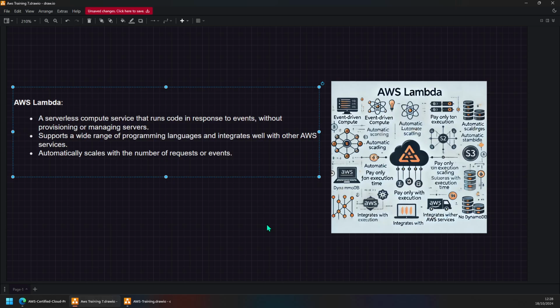Also for short duration tasks or functions which need, say, 15 or 20 minutes of execution time. So these are short duration tasks, right? In those situations you can also use a Lambda function. And when you want to reduce operational overhead by avoiding infrastructure management, again, this is an ideal use case where you can use AWS Lambda.